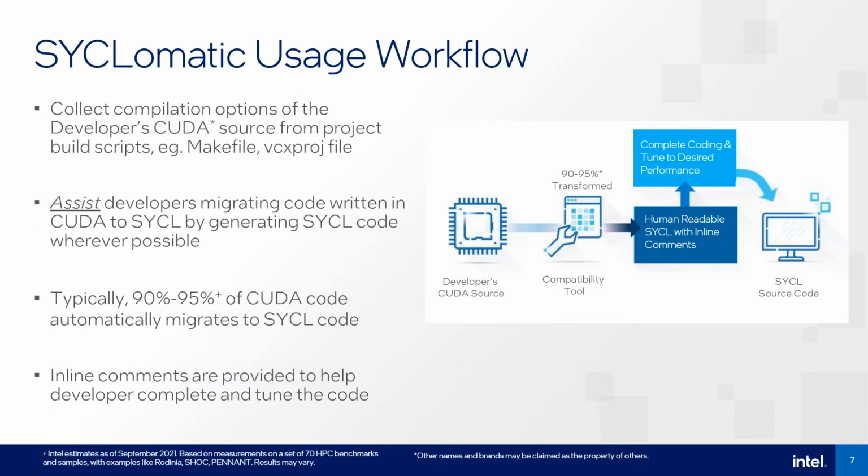This page presents the usage flow of SYCL. The picture shows the usage flow of SYCL. Given a CUDA source, it is migrated to SYCL code finally. In the usage flow, SYCL first tries to collect compilation knowledge of the developer's CUDA source from project code build scripts.